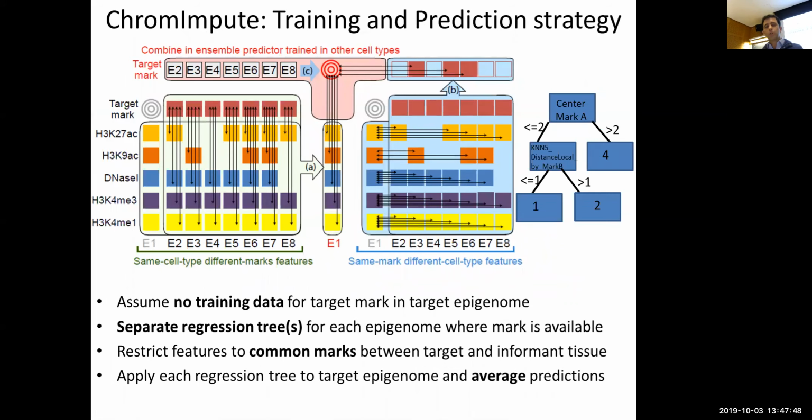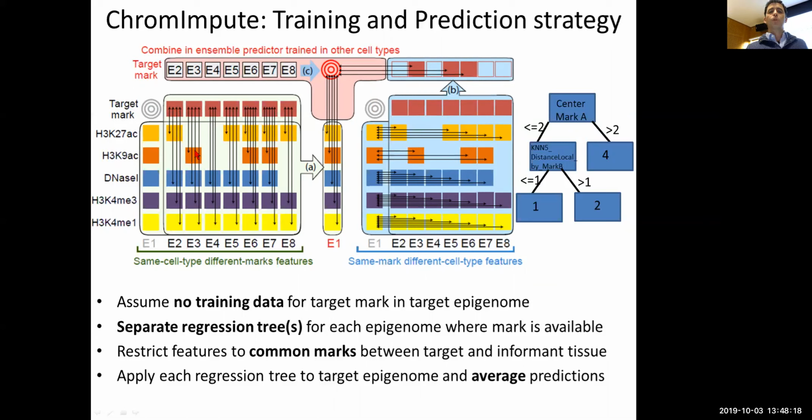So the strategy that we used is the following. You basically have a target mark that you're not allowed to observe. So you don't know what is correlated with that mark because you don't have it. But instead, what you can say is, well, I don't have that mark in that cell type, but I can look at that mark that I'm trying to predict in other cell types and say, in this cell type, what is it most correlated with?